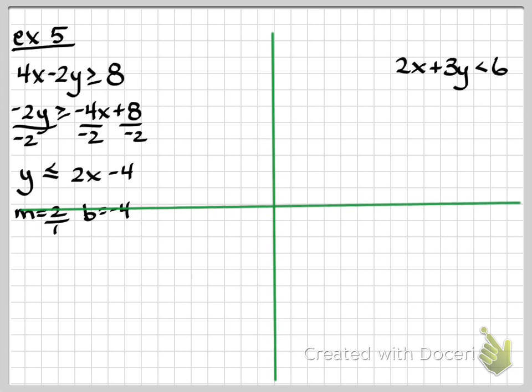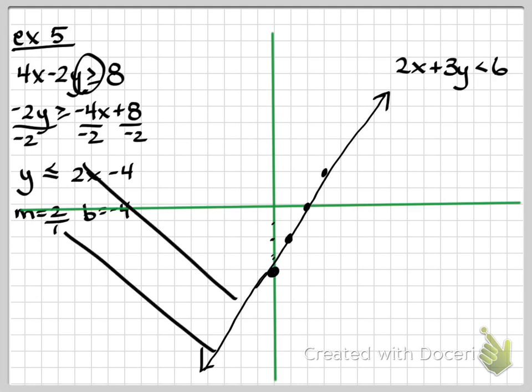So b of -4. 1, 2, 3, 4. And then slope of 2, rise 2, run 1. Rise 2, run 1. Rise 2, run 1. And it's greater than or equal to, so we get to do a solid line. And greater than shades above, so we'll shade above it.